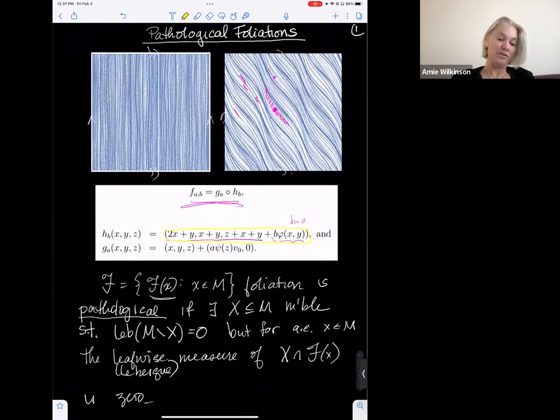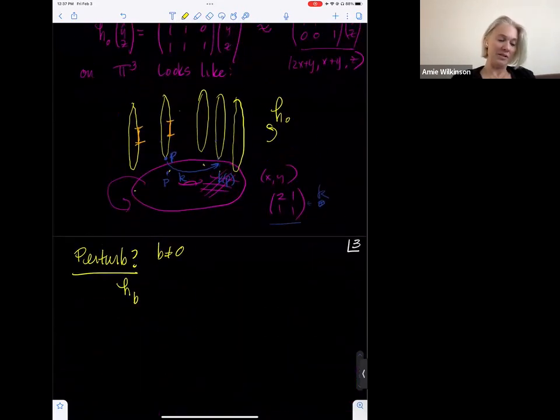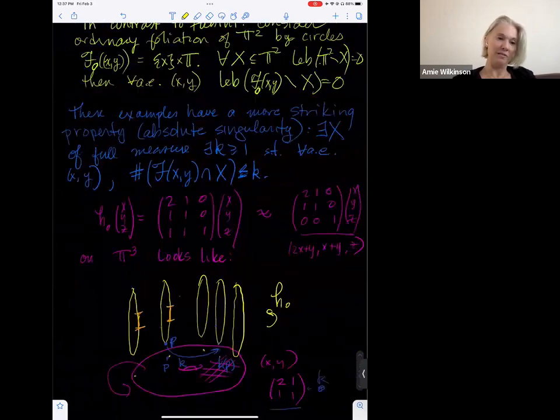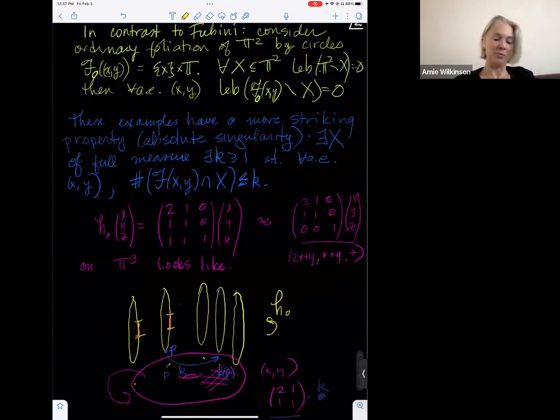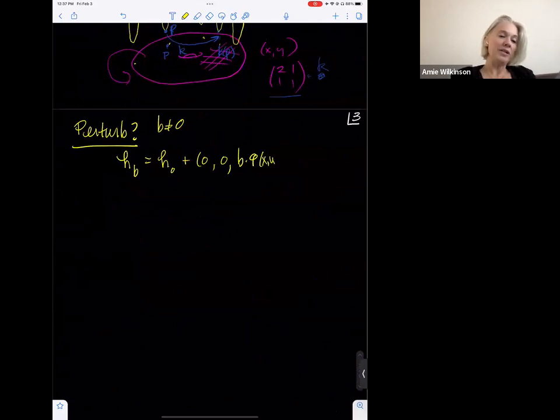It looks identical to H0, except there's some twisting going on in the third factor. So this is basically H0, so H_B of (x, y, z) is H0 of (x, y, z) plus B times some function of x and y. This is what we might call a skew product.